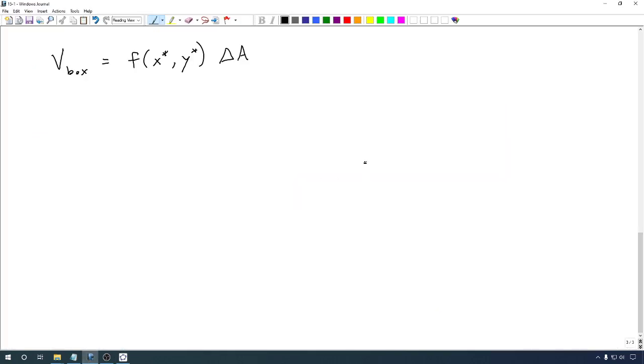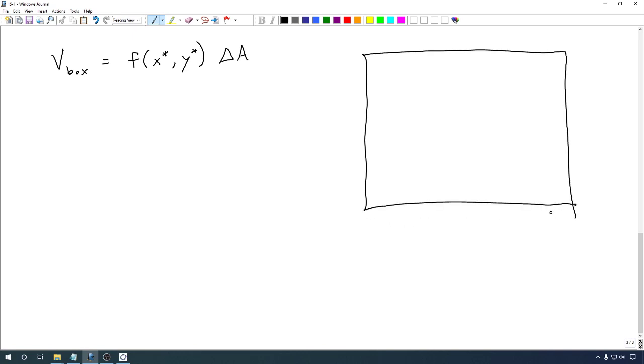But let's go ahead and draw at least the sub-rectangles, maybe without the actual surface itself. So we're going to start with our x values going from a to b. Here's our y values going from c to d.